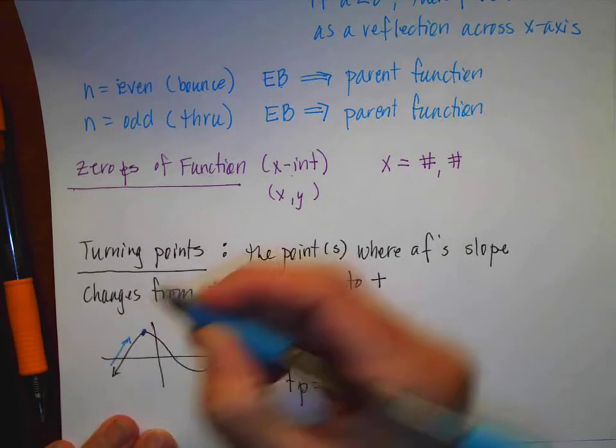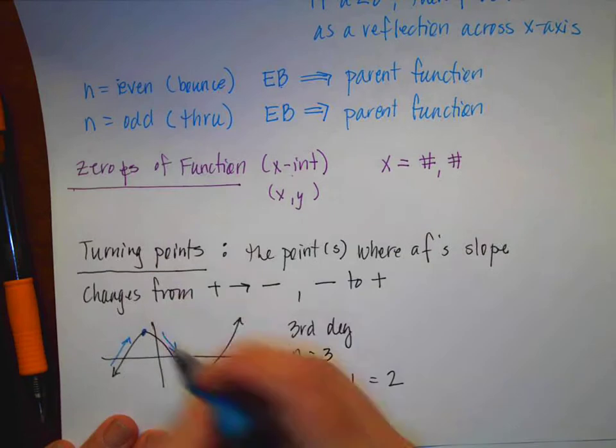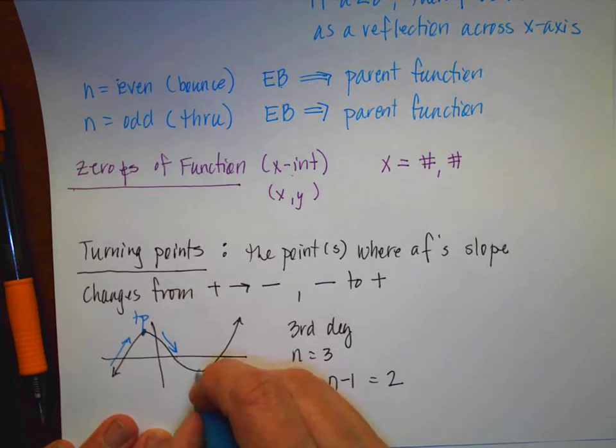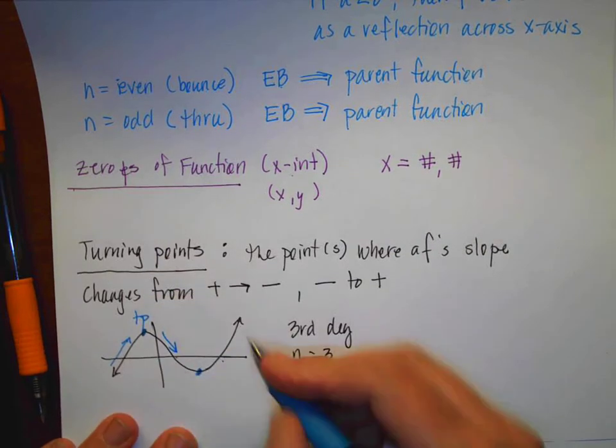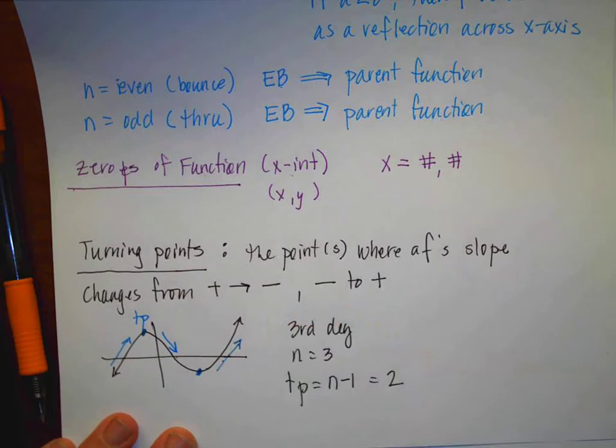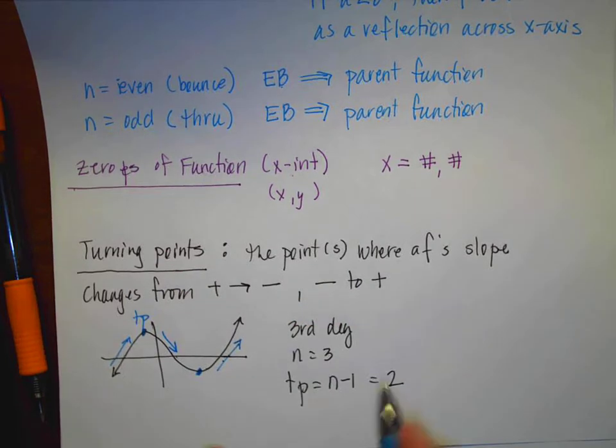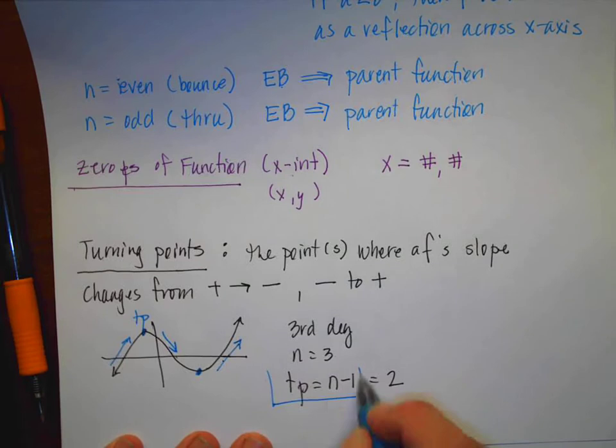And if you'll notice, this is a positive slope, this is a negative slope, so this is a turning point. And then I have a negative slope to a positive slope, that is the second turning point. So turning points are always the degree of the equation minus 1.